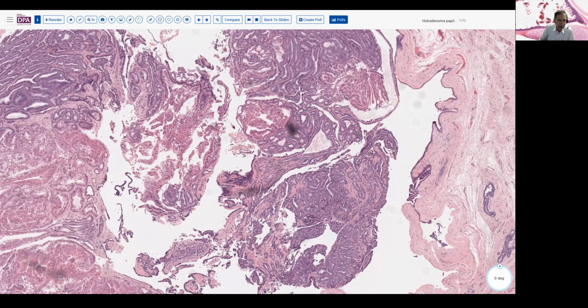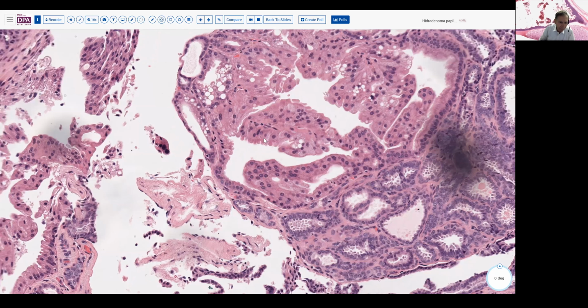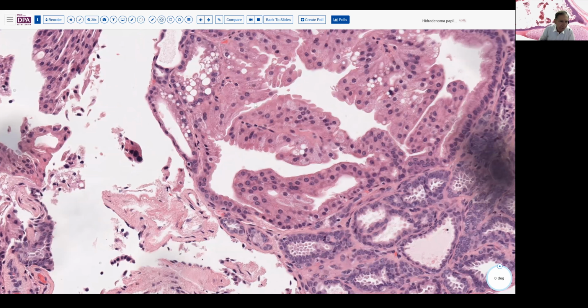And here we see a slightly different cytologic appearance, a little vacuolization and a much pinker cytoplasm with still a little bit of apical snouting on some of the cells, but fairly uniform rounded nuclei with a single prominent nucleolus.